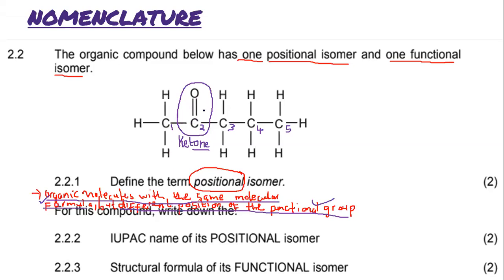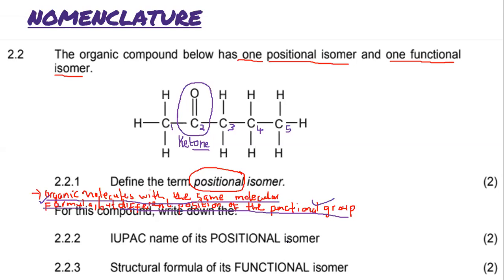So it's correct. But if I had numbered from right to left and said 1, 2, 3, 4, 5, then this carbonyl group would have been on carbon 4, which is wrong because it disagrees in that case with the fact that the functional group must be on the lowest numbered carbon. So I have numbered correctly.